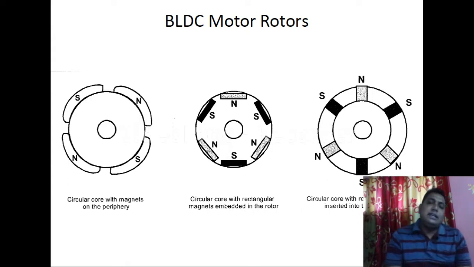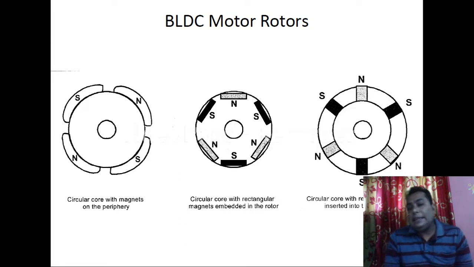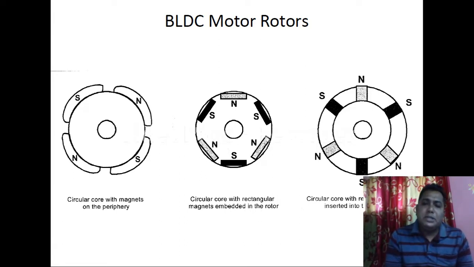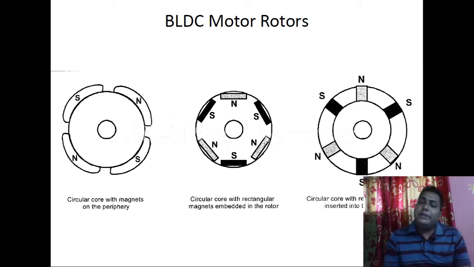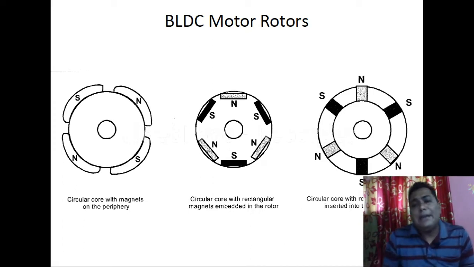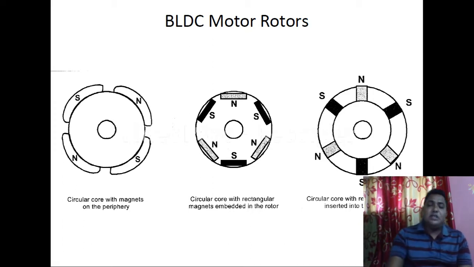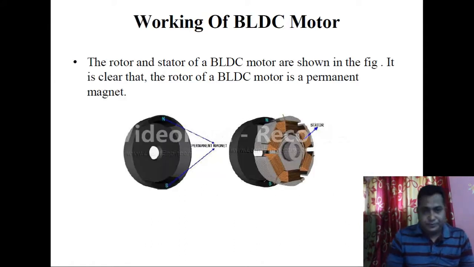As we can see in the middle one and the right hand side diagram, in both cases the permanent magnet poles are at the inside periphery. Now at the extreme right side, what is the name of that type of rotor? The circular core with rectangular magnets inserted into the rotor core. So these are the different types of rotor we have in brushless DC motors.